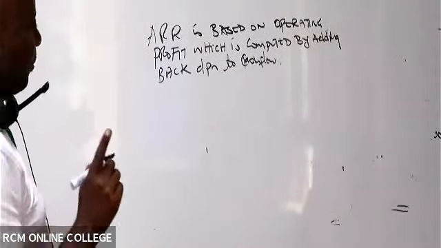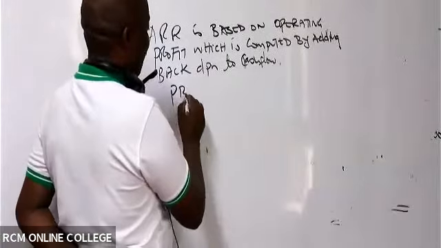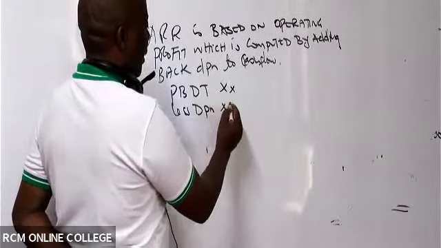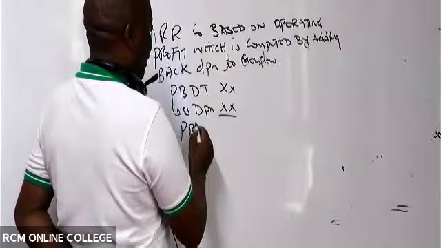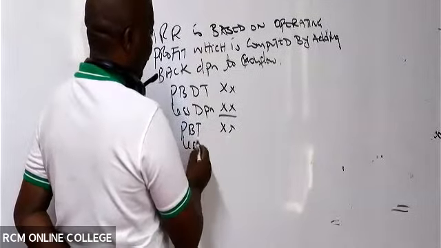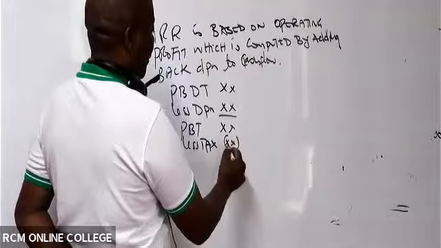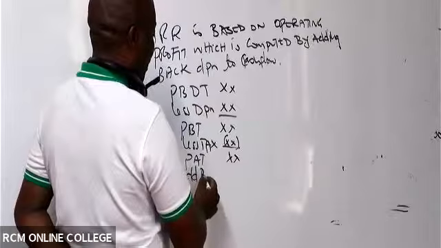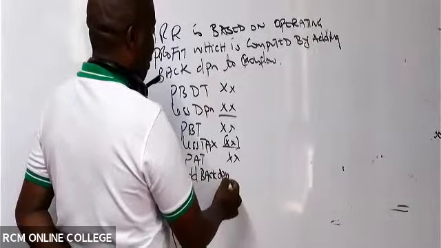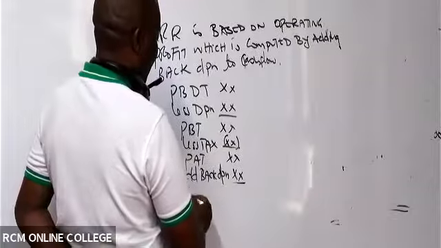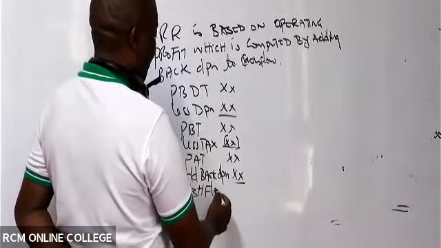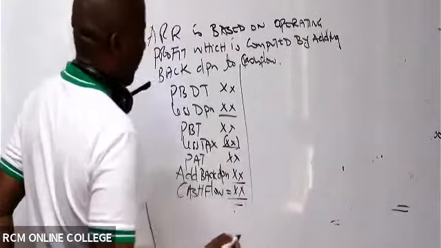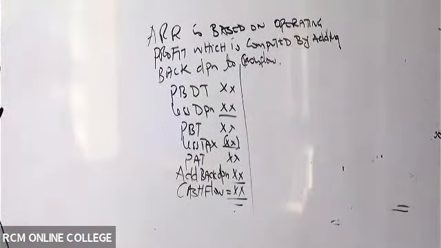So remember, ladies and gentlemen, we normally start with profit before depreciation and tax. We less depreciation, then we are able to get profit before tax. Then we less tax, and if you remember this approach, we get PAT. Then we add back depreciation to be able to get cash flow.